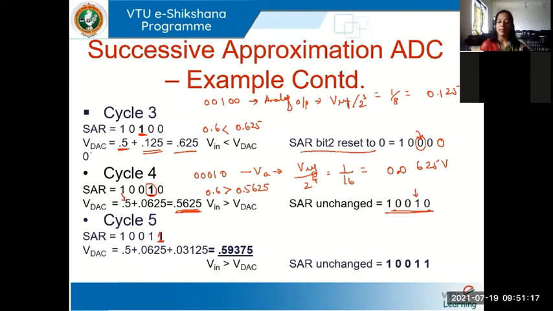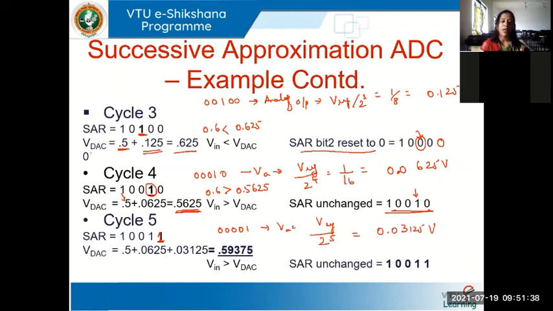We'll make it high. And the least significant bit when it is high, the output of the DAC would be Vref divided by 2 to the power of 5, which will correspond to 0.03125 volts.